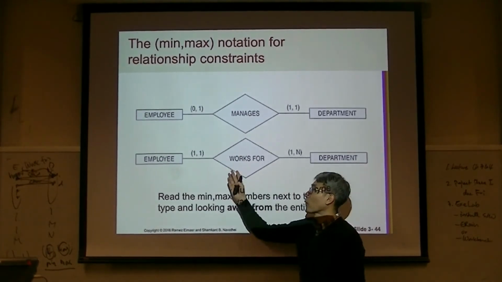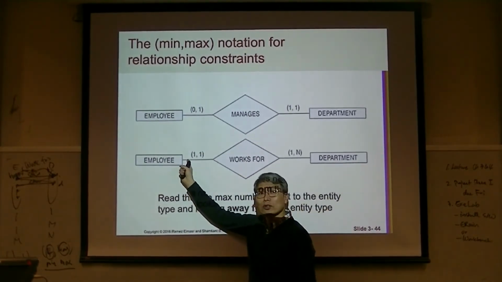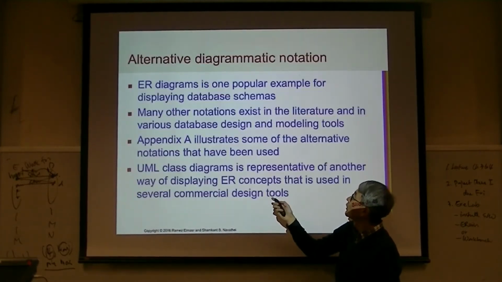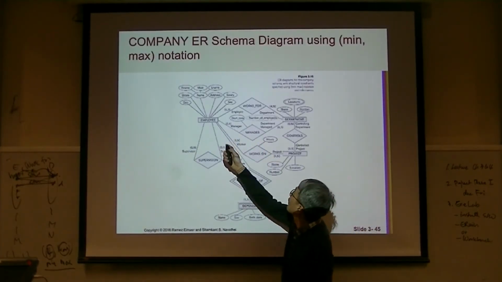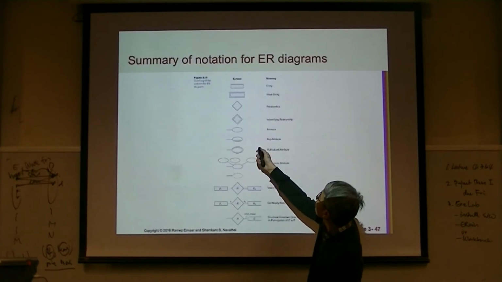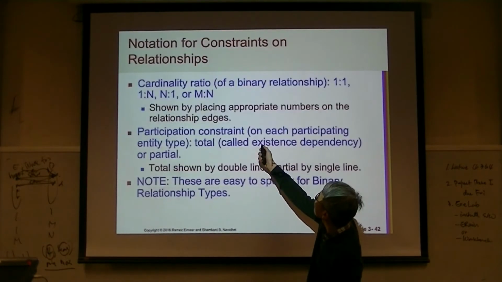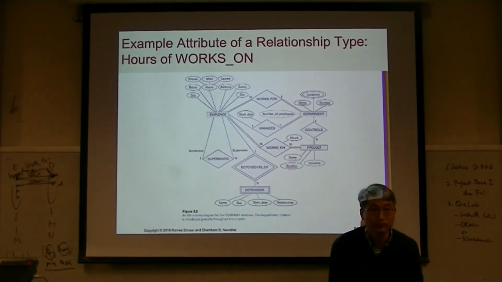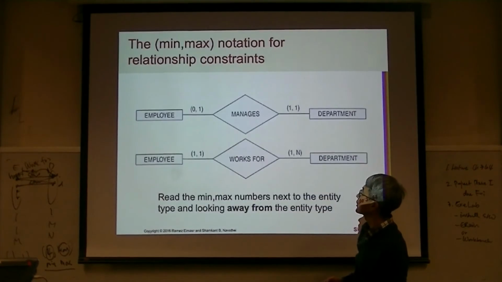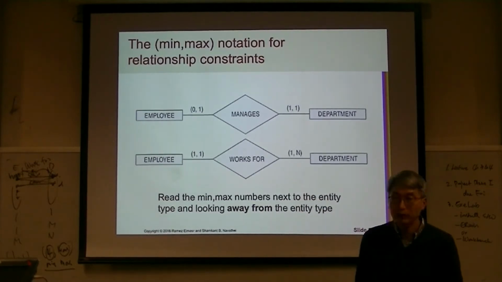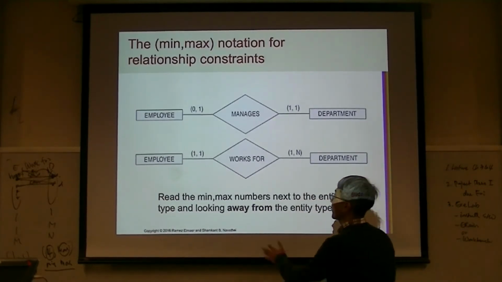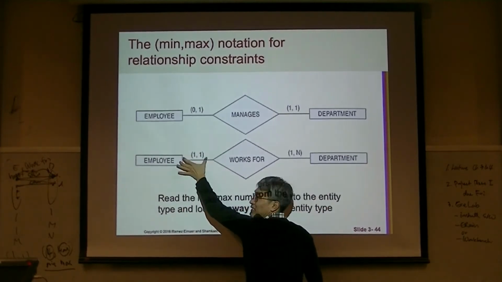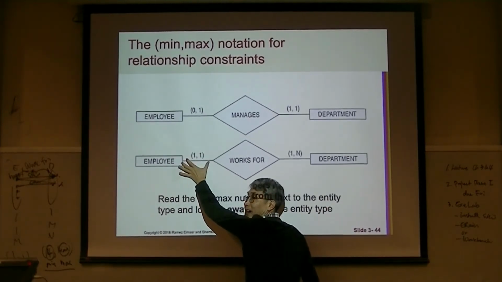What about works for? Works for is many to one. Do you remember? This one is the many side. Yes, many to one relationship. In terms of the min-max notation, don't be confused. It's the many side. However, min-max notation is about the degree of participation.